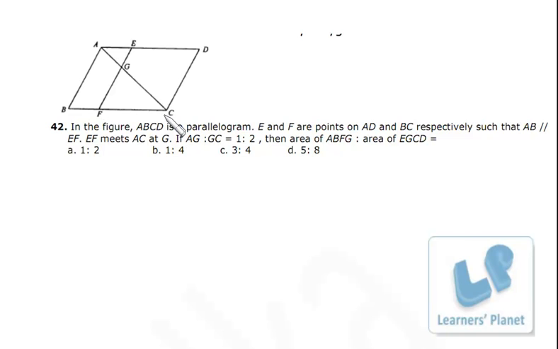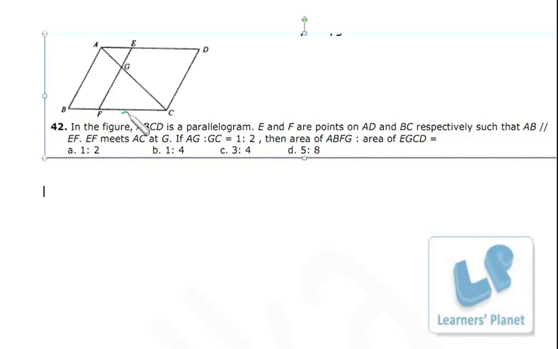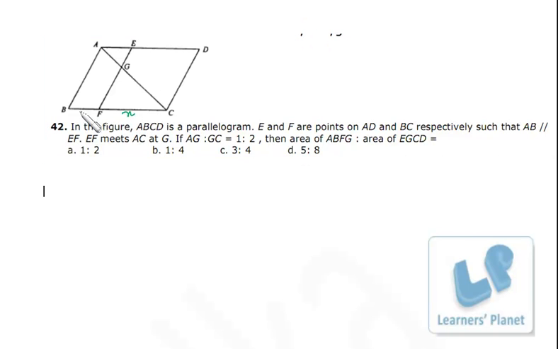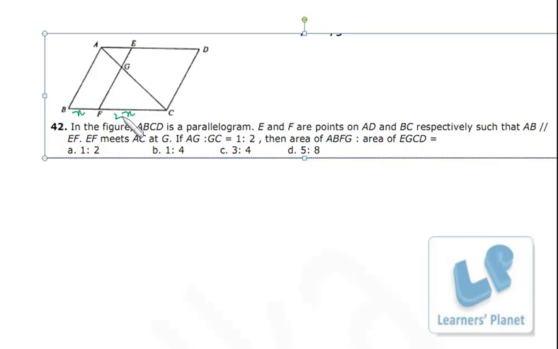So I assume this side to be X. This is X, then this must be 2X. As the ratio of this to this is 1:2, all the remaining sides will also be in the same ratio. So this side and this side will also be in the ratio 1:2.